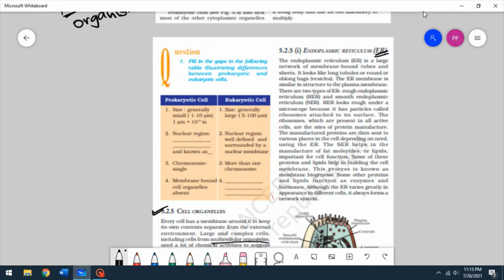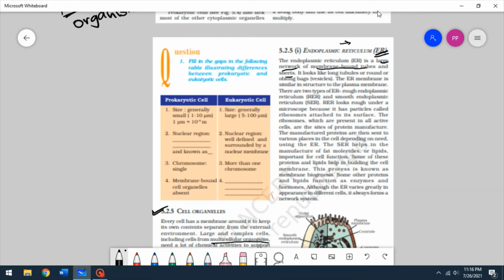The endoplasmic reticulum is a large network of membrane-bound tubes and sheets. Tubes and sheets, membrane-bound, large network: important keywords. Membrane-bound is important because it shows that the endoplasmic reticulum is one of the membrane-bound organelles of a cell.